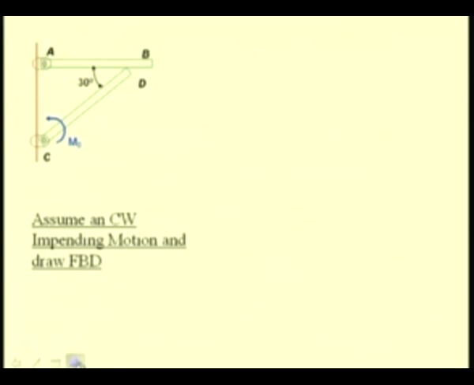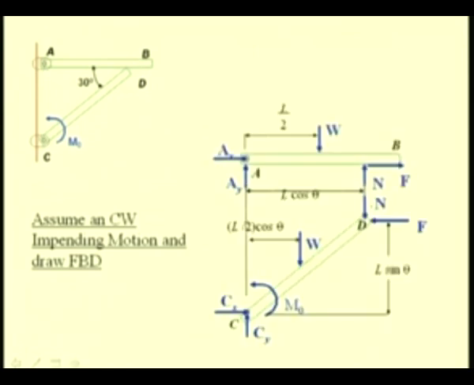So, from this we can draw the free body diagram. For the rod CD, we have the pin reactions Cx and Cy, the applied moment M0 at C, the weight of this rod CD acting through its CG, and at D, since the impending motion is that the point D tends to move towards B, this force is against the same.